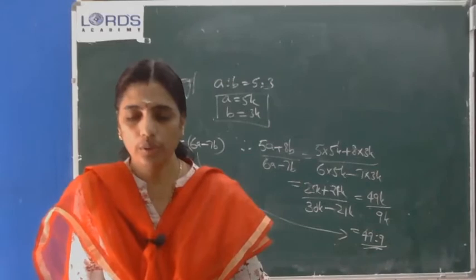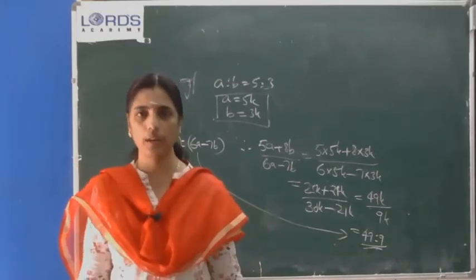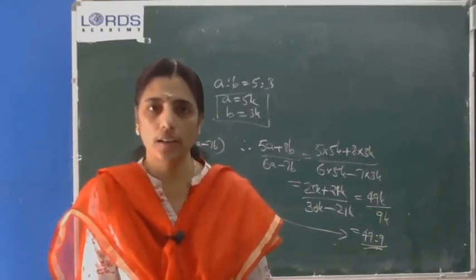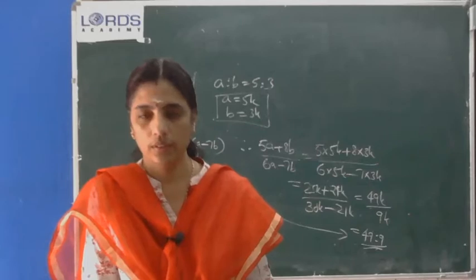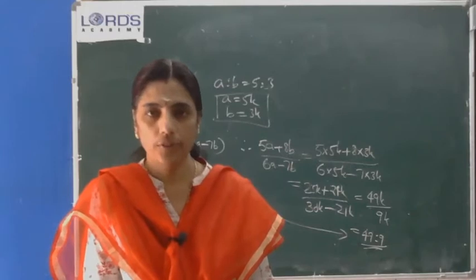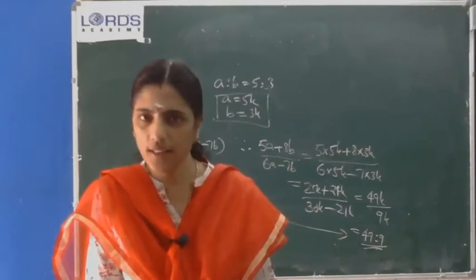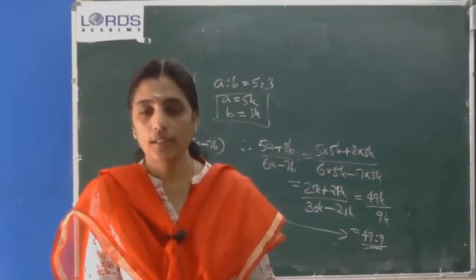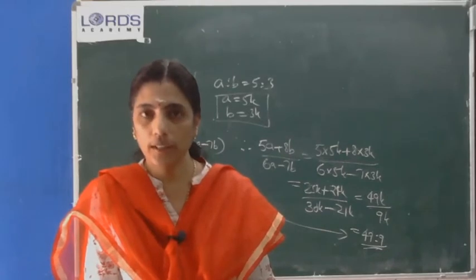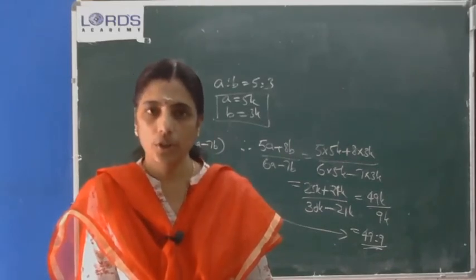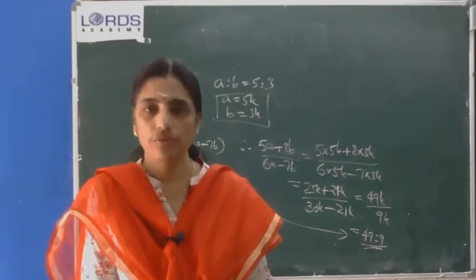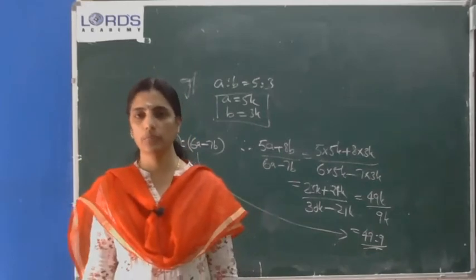You write the question. Two numbers are in the ratio 3:5. If 8 is added to each number, the ratio becomes 2:3.